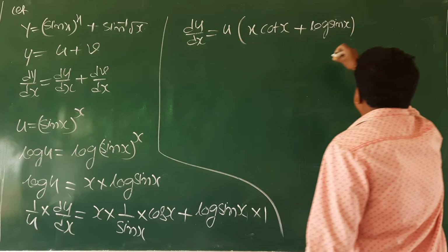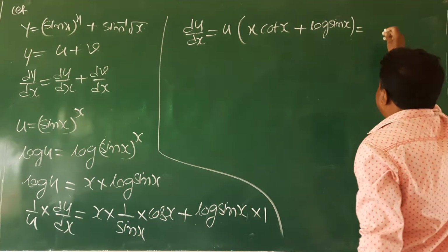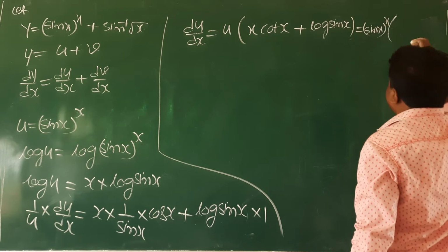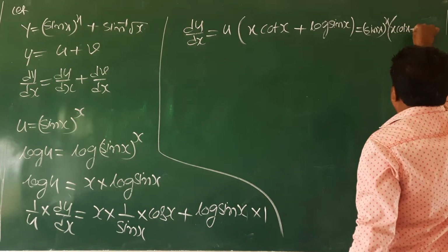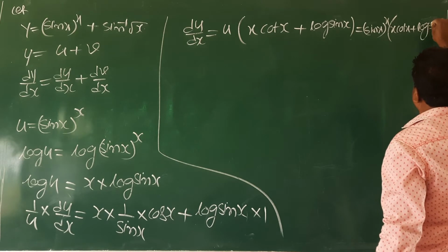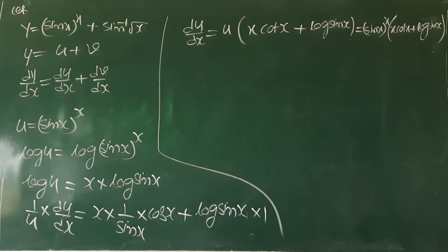Substitute for u. What is u, students? u means sin x power x. So sin x power x into cot x plus log sin x. This is du by dx.